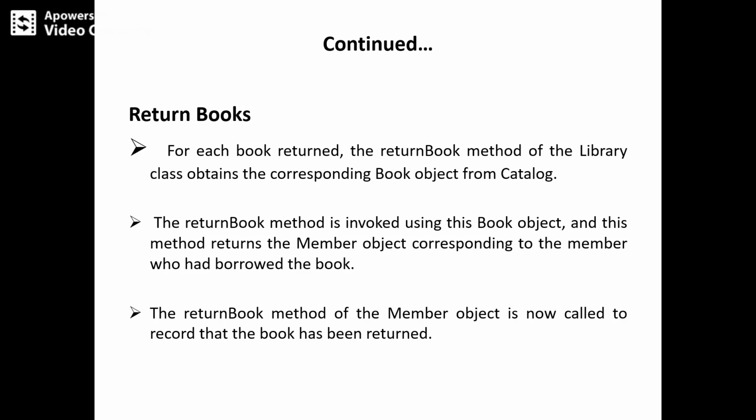The return book method of the member object is now called to record that the book has been returned. So whether the book has been returned or not, that we need to check. So this return book member: now we call it that a book has been returned.